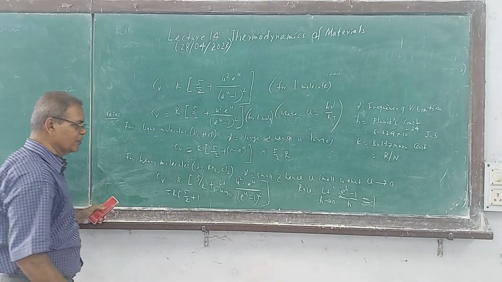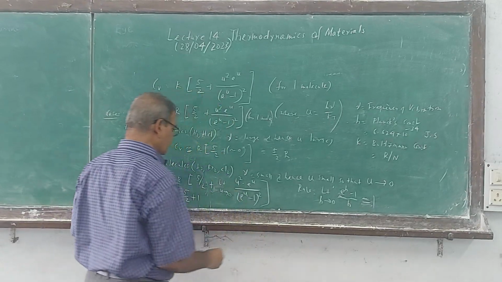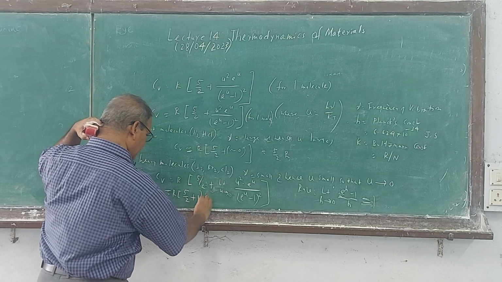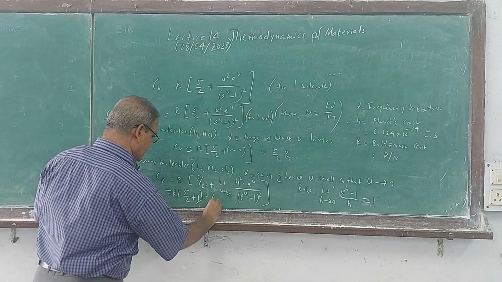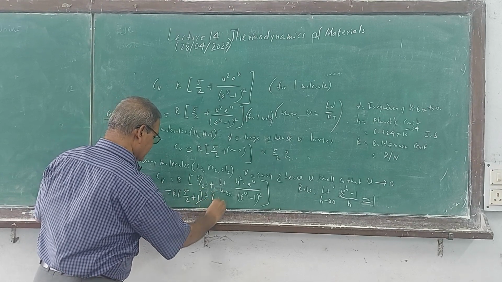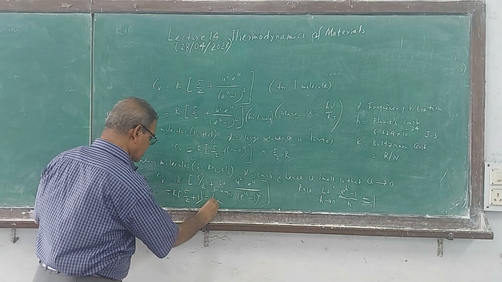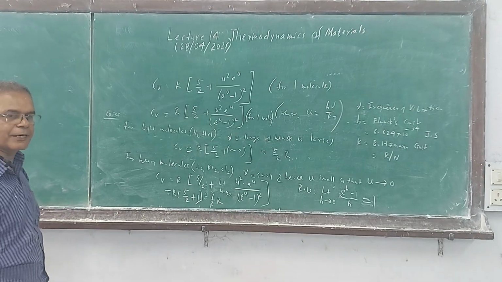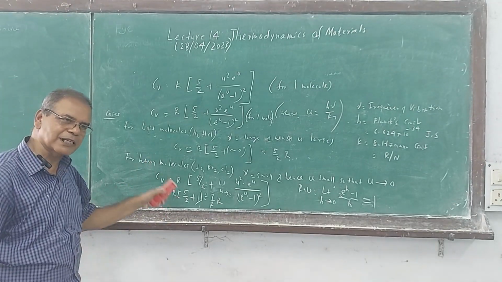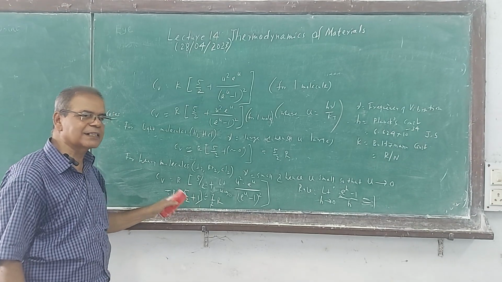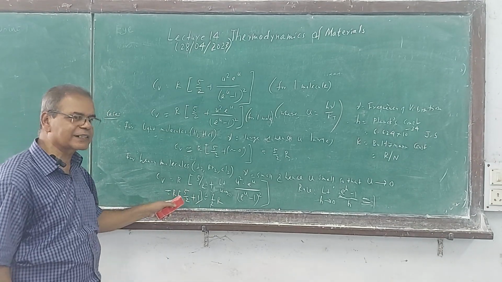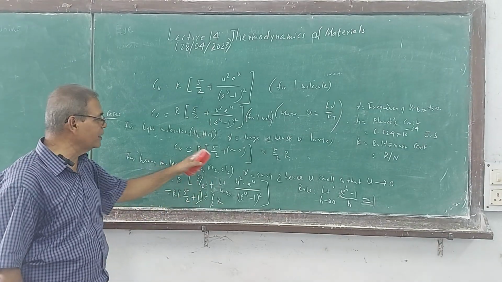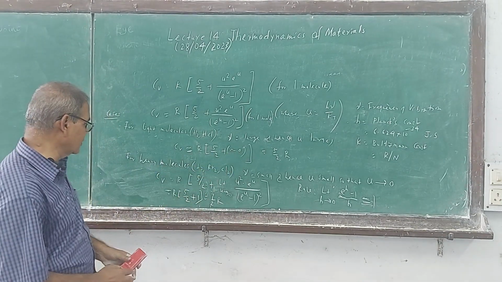E to the power 0 is 1, 1 squared is 1. So it is 7 by 2 R. Happy? 5 by 2 plus 1. So there is a vibrational contribution. This 1 R is the vibrational heat capacity; the others are translation and rotation. This is applicable for heavy molecules. For light molecules, this is small.